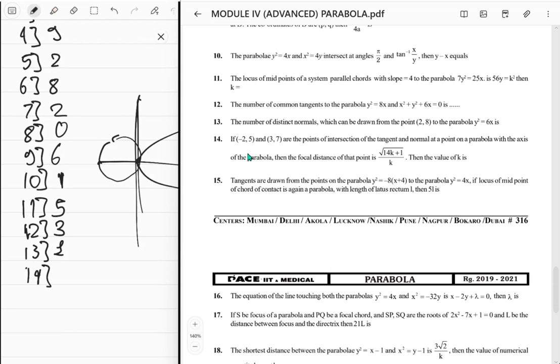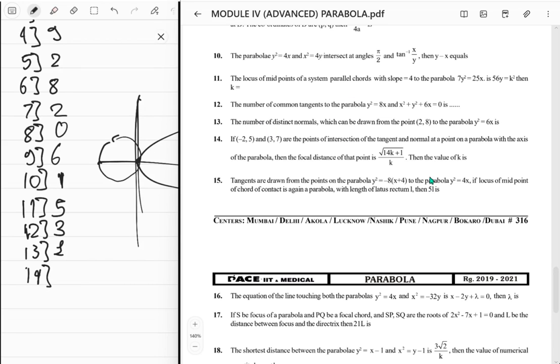Okay, if minus 2 comma 5 and 3 comma 7 are the points of intersection of the tangent and normal at a point on the parabola with the axis of the parabola. So these two are the points of intersection of the tangent and normal at a point on the parabola with the axis of the parabola.